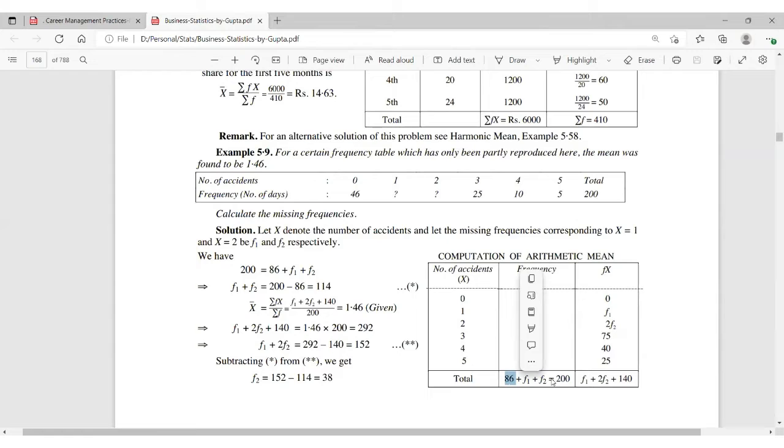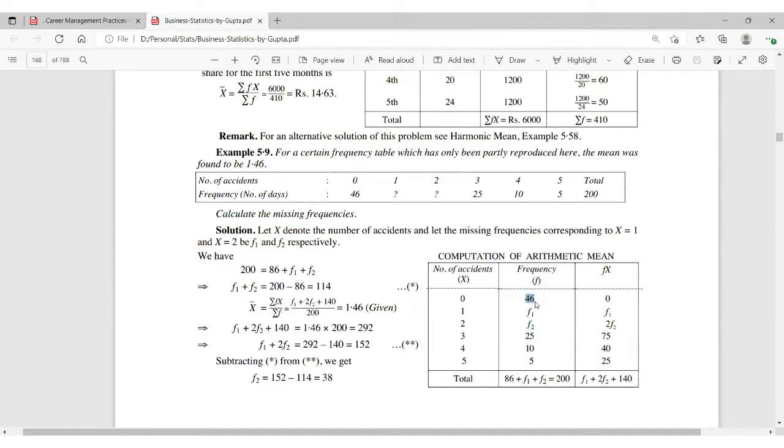Now the total is given as 200. Here x bar is given as 1.46. I named the missing frequencies F1 and F2. Their total is 46 plus F1 plus F2 plus 25 plus 10 plus 5.